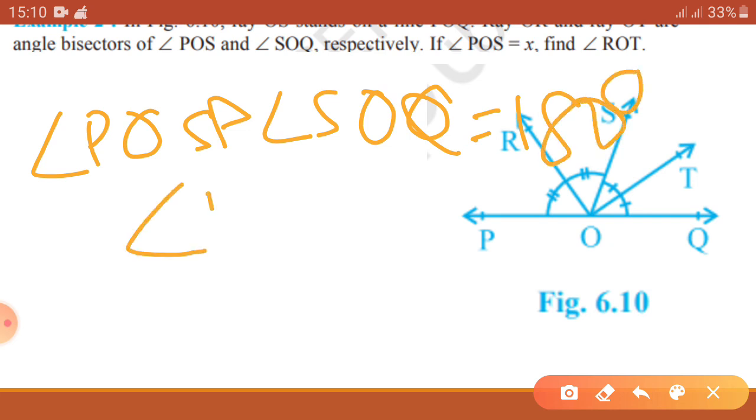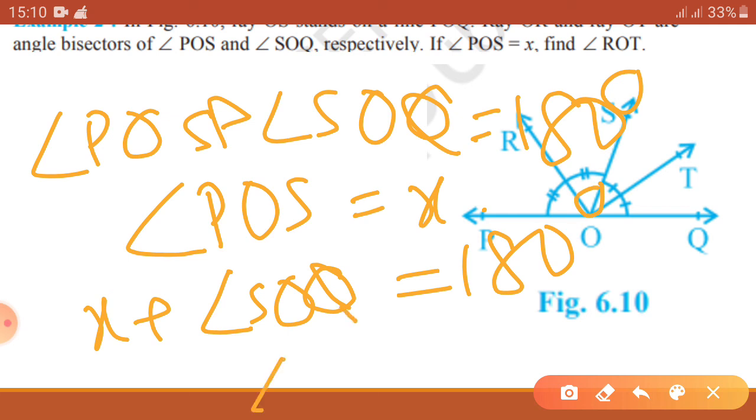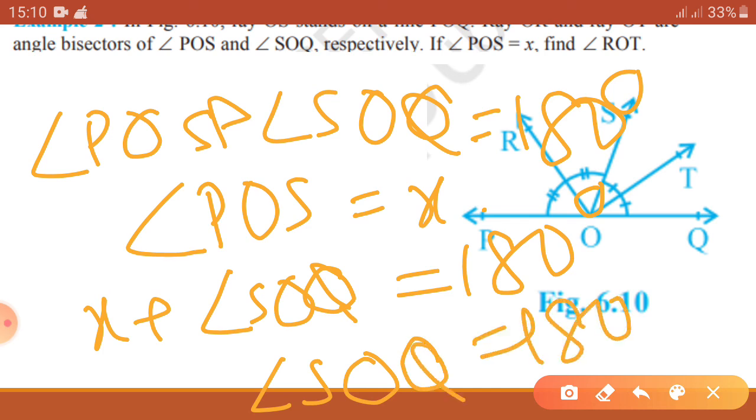Now POS is given as x, so x plus angle SOQ equals 180 degrees. From here you can say that angle SOQ equals 180 degrees minus x. Got it?